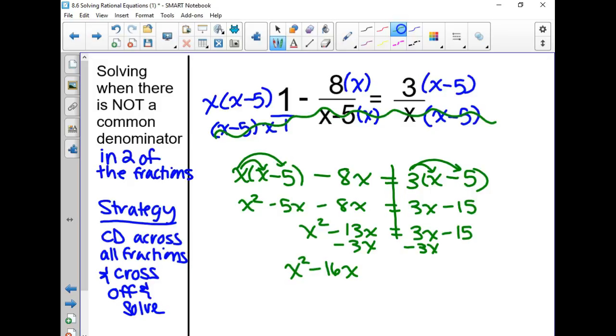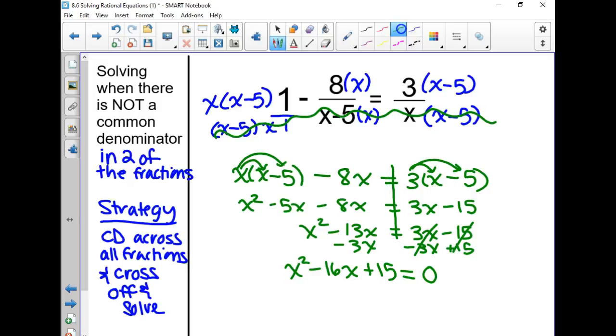Back up here, I have a quadratic, and when we have a quadratic, we need it set equal to what? 0. So that's done. Add 15. That's done. Is equal to 0. And I have a quadratic, and what have I instructed you whenever you have a quadratic to solve it?